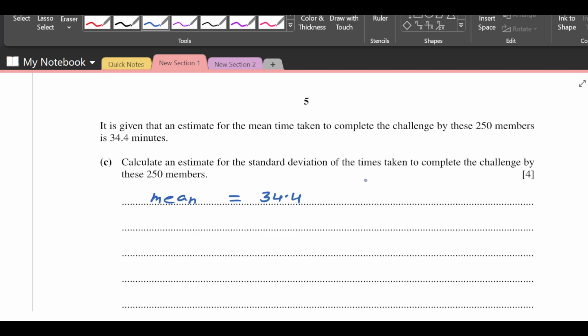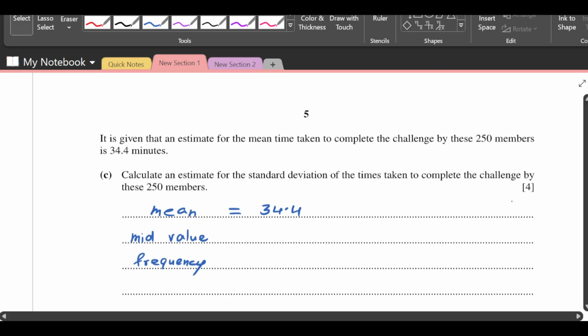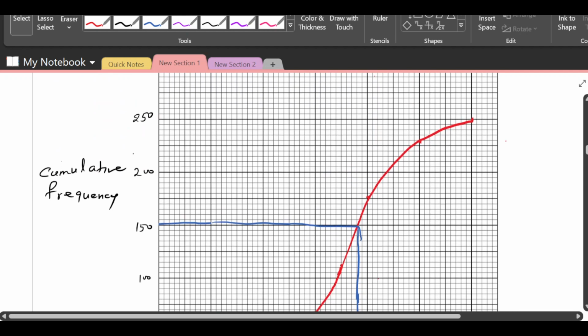Calculate an estimate for the standard deviation of the time taken. For standard deviation, we find the mid values and frequency. So here again and again I have to go up and down.